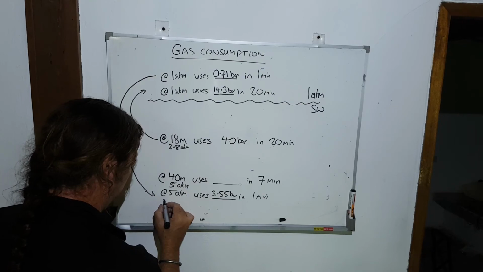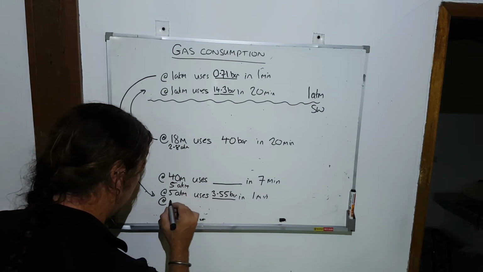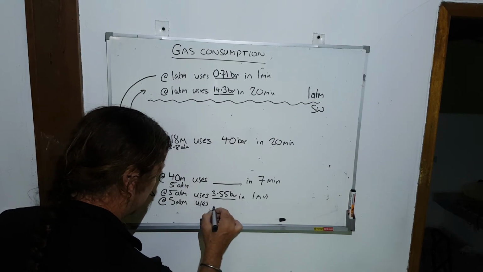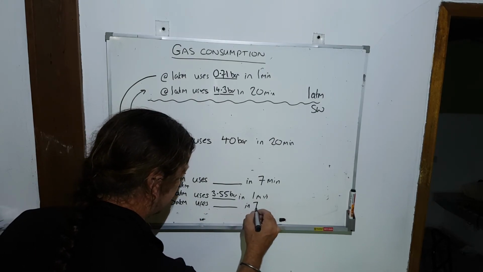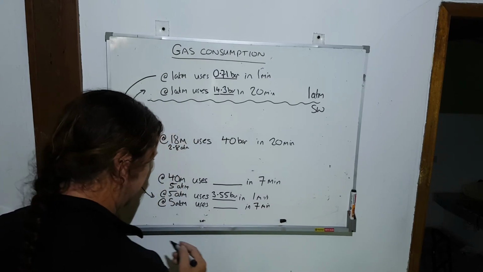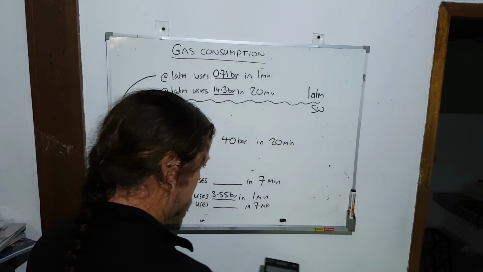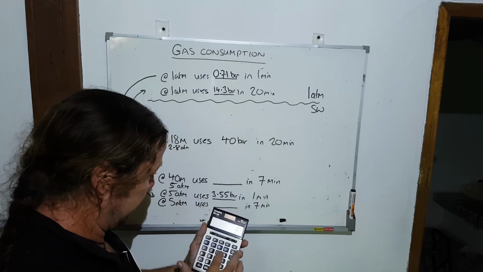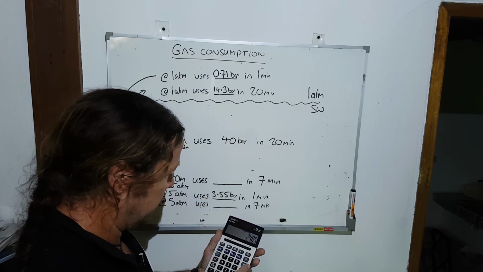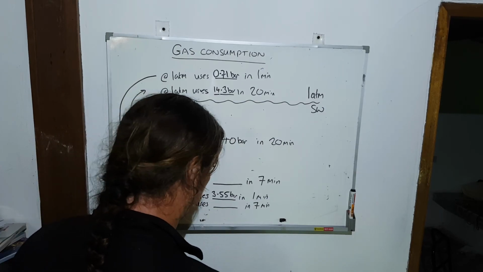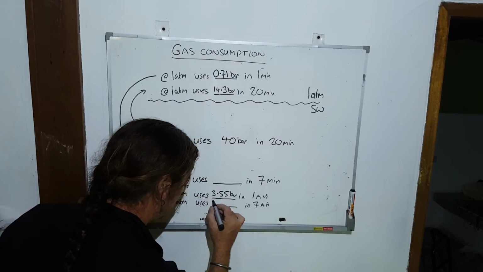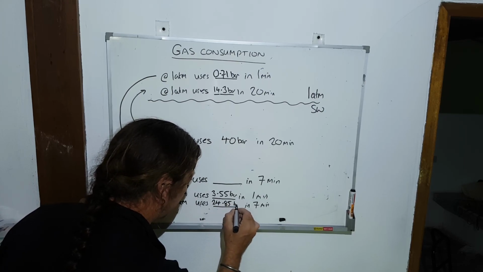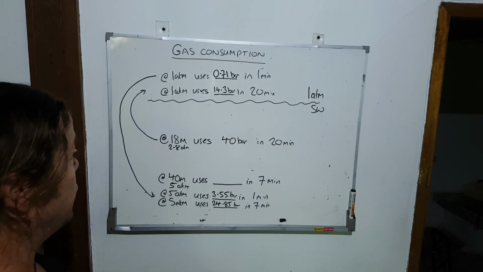And now the very final step, I'm going to factor in the time. At 5 atmospheres, uses how much in 7 minutes? 3.55 is already on the calculator, times that 7 minutes, 24.85. 24.85 bar. And you can see that number there.